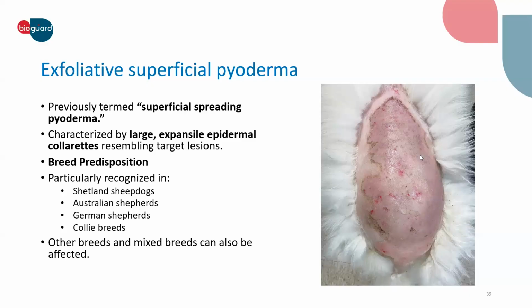You can see in this figure the disease on the clipped dorsum of a dog. The lesion is characterized by large epidermal collarettes with erythema, small multifocal erosions, and peripheral exfoliation.